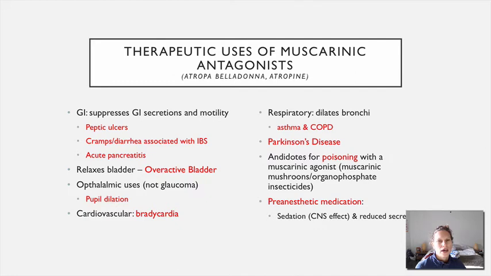Advair is the brand name of that particular drug. But in terms of chronic obstructive pulmonary disease, these drugs are oftentimes used because they decrease secretions, which is the problem. They have copious mucus production over the long haul, and they also open the airway.